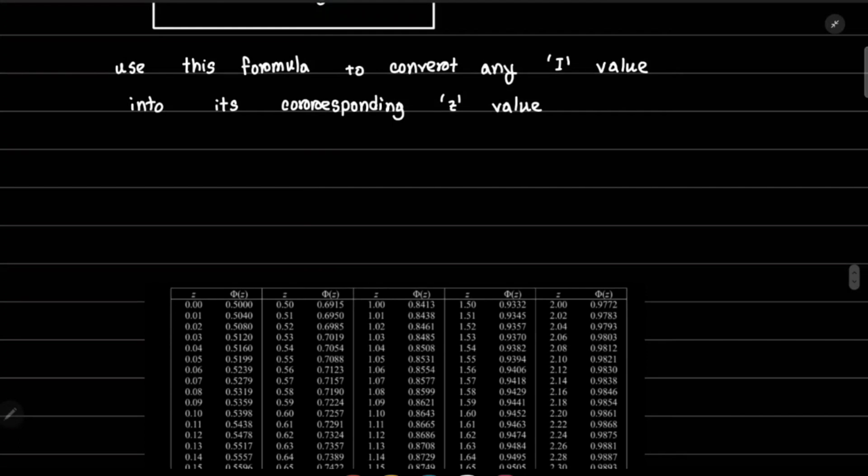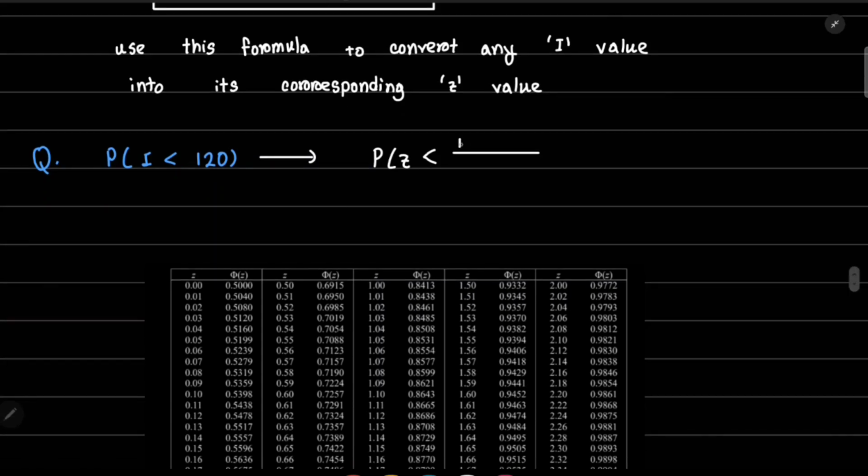So for example, a general question we might be asked is to find the probability of someone's IQ being less than 120. So I'll convert this I value into z value. So I'll convert the I distribution into the z distribution, and the corresponding value will be 120 minus the mean, which is 100, divided by the standard deviation, which is 15.